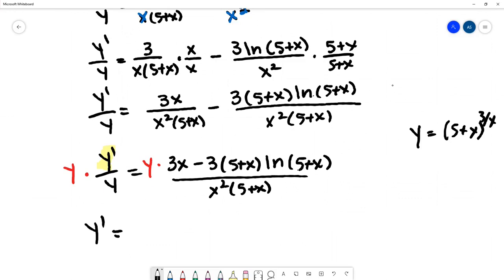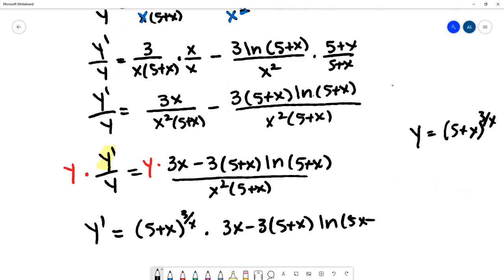We have y prime equals 5 plus x to the 3 over x times that fraction that we got, 3x minus 3 times 5 plus x, natural log of 5 plus x, over x squared times 5 plus x.